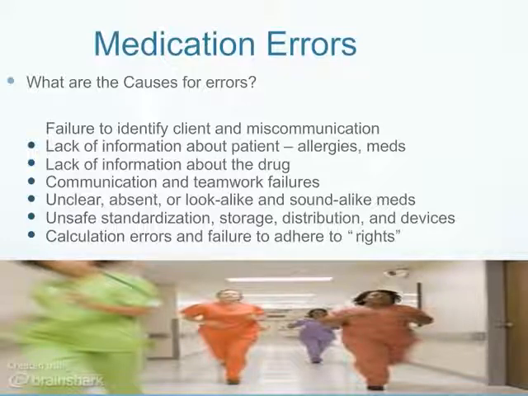From one facility to another, sometimes from one medical unit to another, some procedures are slightly different, so that makes errors easier to occur. And then lastly, it's that we calculate the medication wrong in the first place, and we don't adhere to the basic rights.